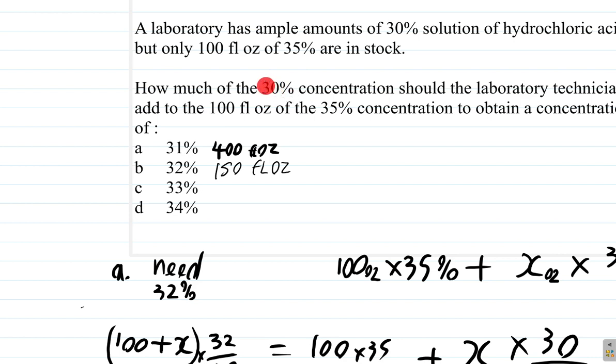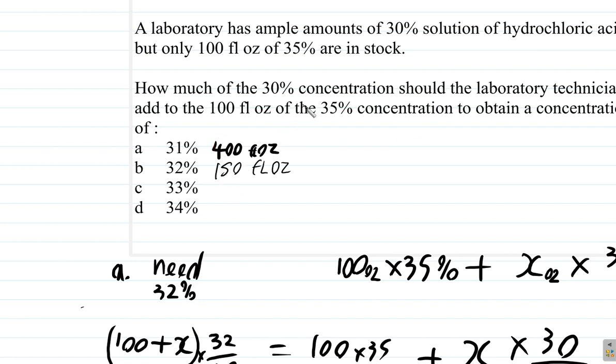So to get 31%, you need to have the 35% drawn down low to close to the 30%. So you need a lot of the 30% to, so to speak, water down the 35% enough. Bring it down so low, so you need 400 fluid ounces.